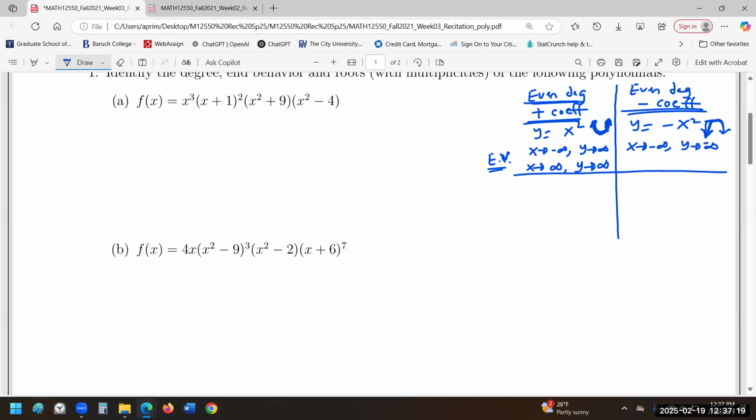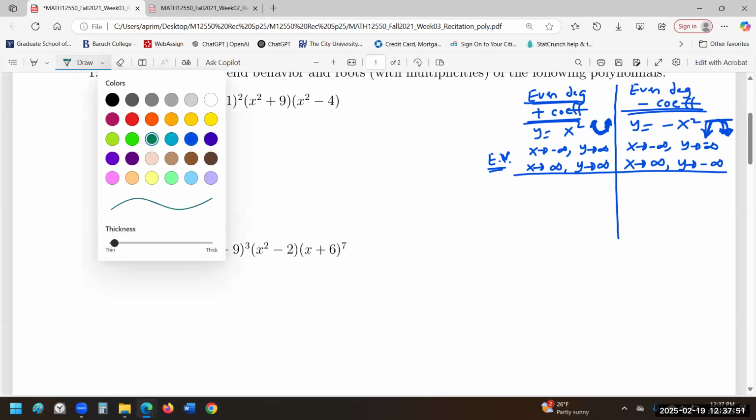So negative infinity. Same thing when our x is going to the right, our y is still going downward. So when x is going to the right, means it's becoming bigger and bigger. Our y is still becoming smaller and smaller. So for even, we have 2 choices, positive, negative. When we have positive coefficient, our y is both going up. When you have negative coefficient, both y's are going down.